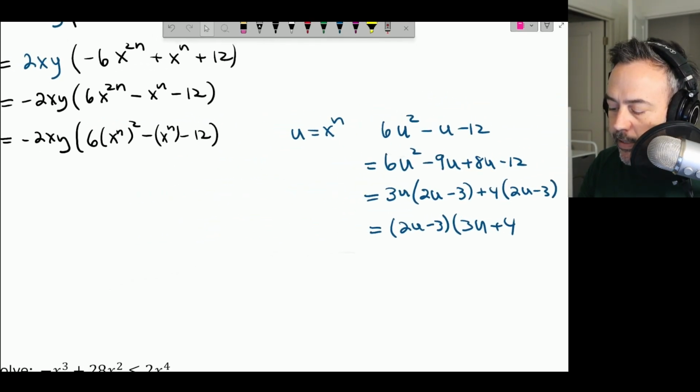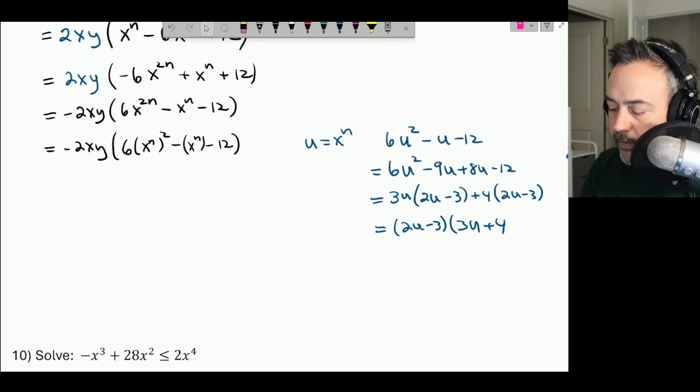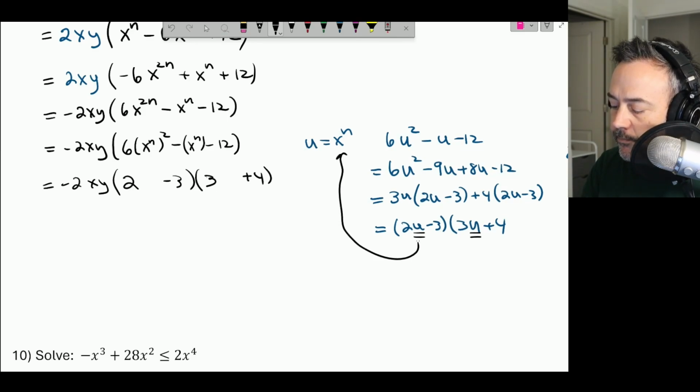Let's copy that back over to the left-hand side. Equals negative 2xy. I'm going to get two factors here, and it's going to be 2u minus 3, I didn't write u, and 3u plus 4, I didn't write u, because remember, the u's were actually x to the n.